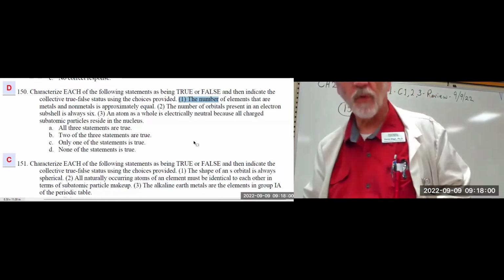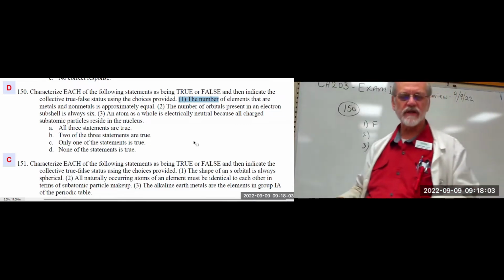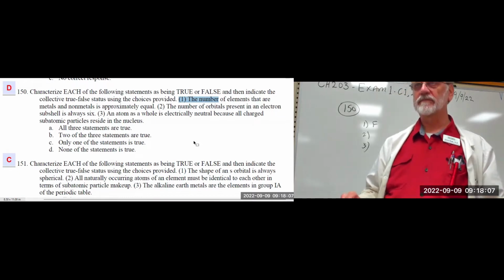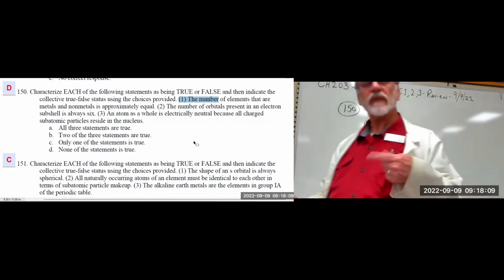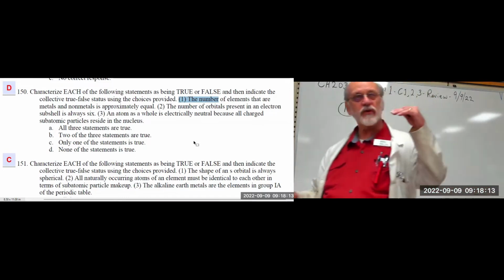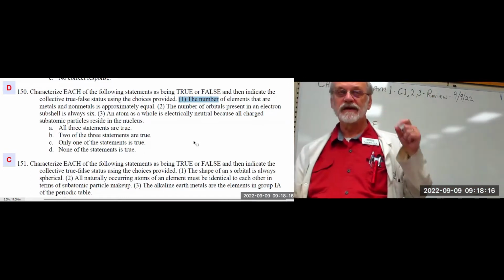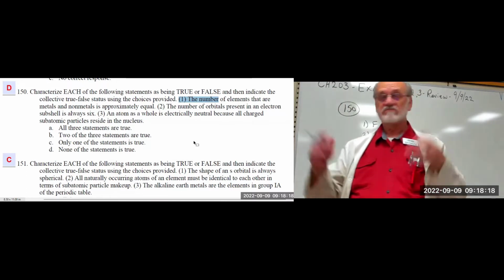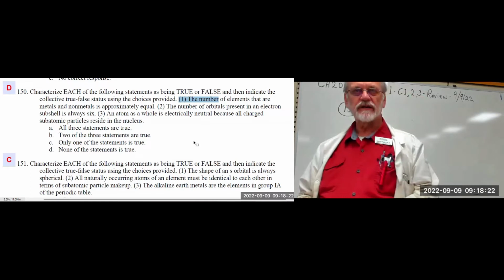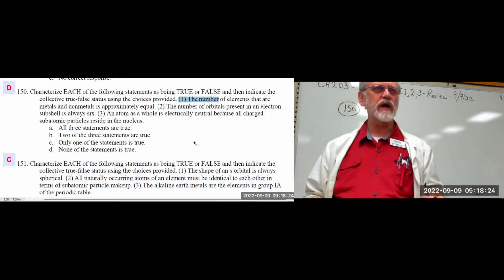How about 2? The number of orbitals present in an electron subshell is always 6. Yeah, it varies, doesn't it? Right. It depends on what the principal quantum number is. N equals 1. There's only one orbital. That's all it can be. What if your principal number is 2? How many can you have?